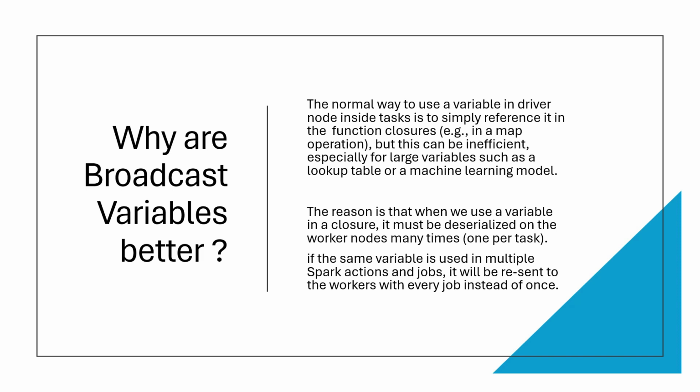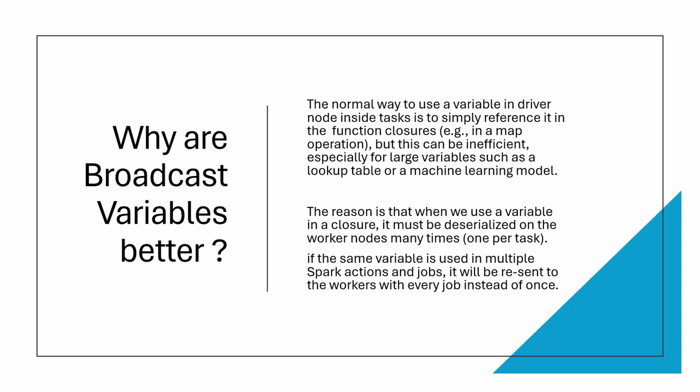Now, why are broadcast variables better? This is very, very important to understand. So how would you normally use a variable in a driver node? What would you do when you want to have a variable in the driver node which is used inside a task? How do you reference it? For example, in a map operation, there will be a variable inside a function closure, but this is not efficient.